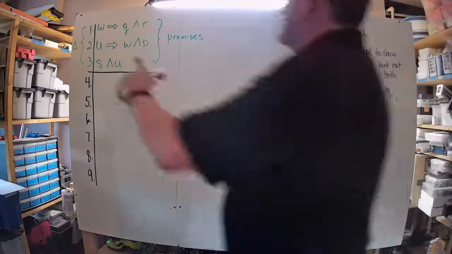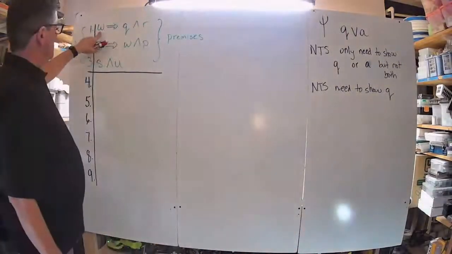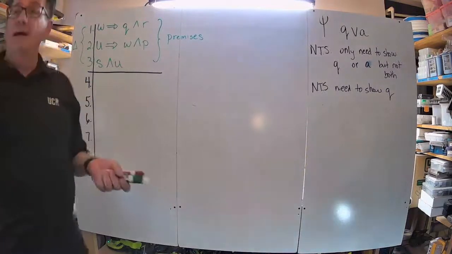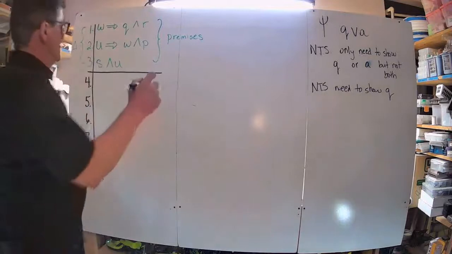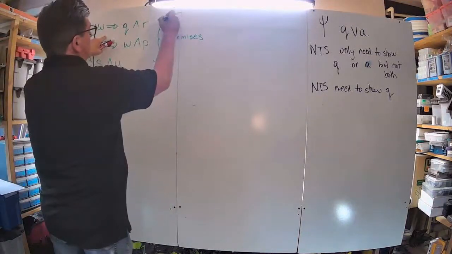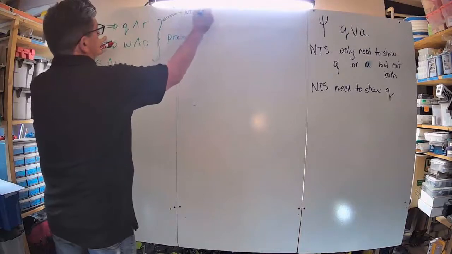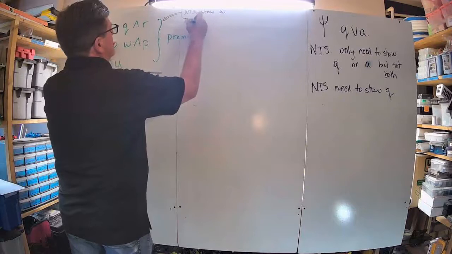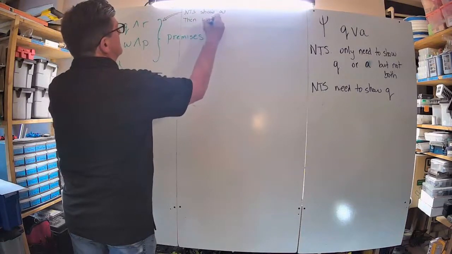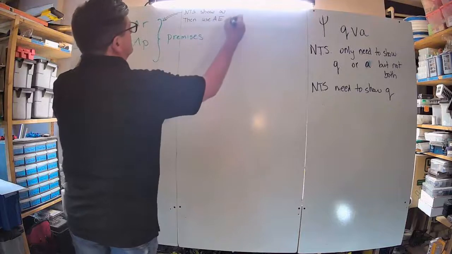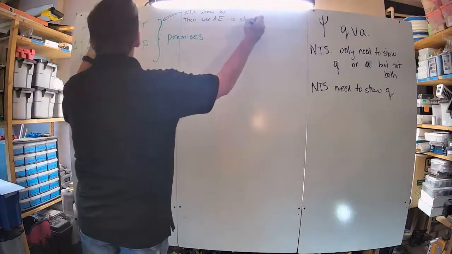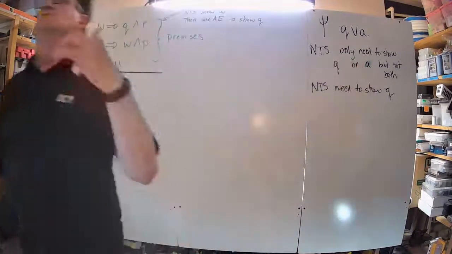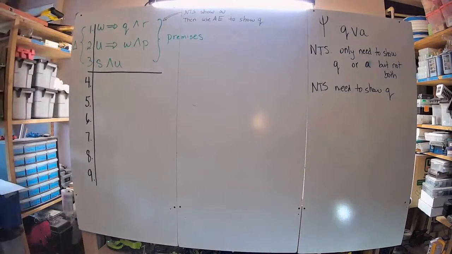If I could somehow show W, then I could use implication elimination to show Q and R. Oh, and then I could use and elimination. So here I'm going to write a note to self. Note to self, show W, then use and elimination to show Q. And remember, if I could show Q, then I could show Q or A using or introduction.